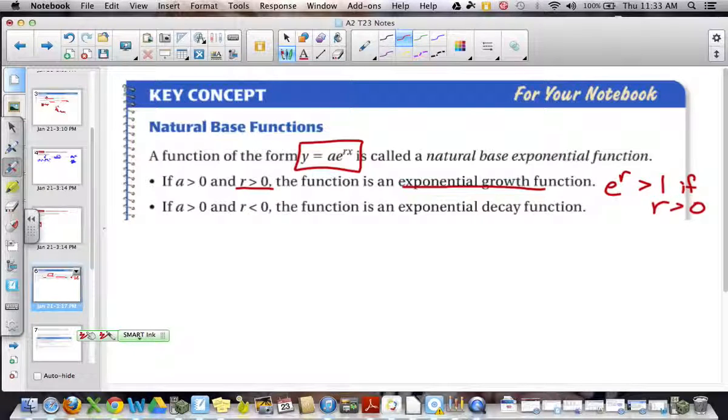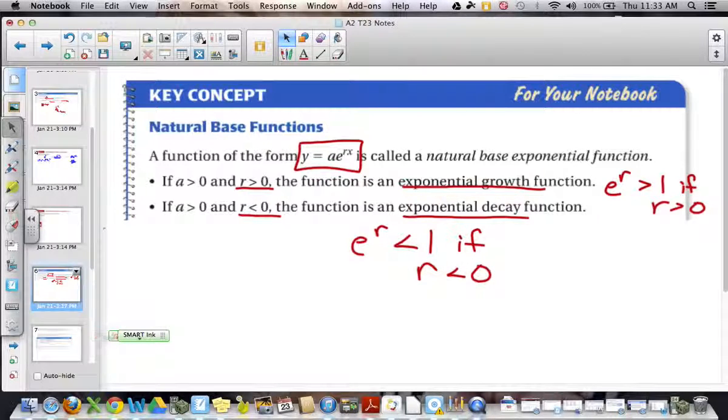And if r is less than 0, then it will be exponential decay. So e to the r is less than 1 if r is less than 0. That's how we determine if a natural base function is exponential growth or decay, just by the exponent. If the exponent is positive, it's growth. If it's negative, it's decay.